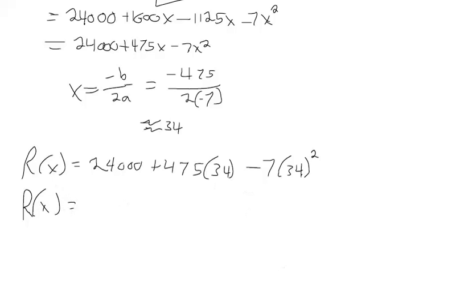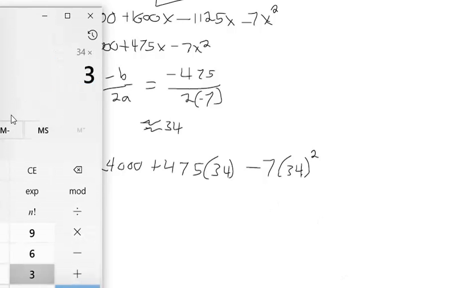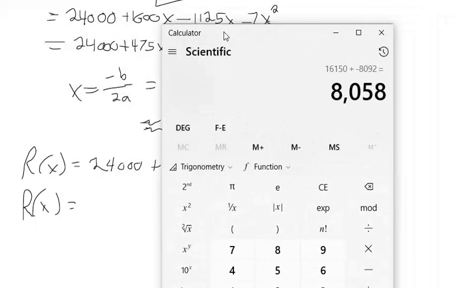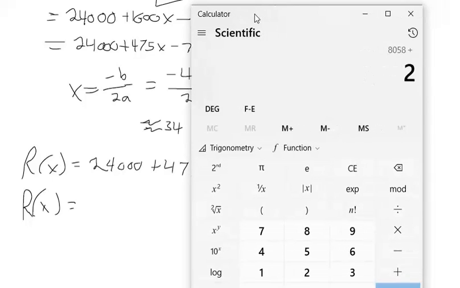Okay, so I'll do this with my calculator. I got 34 squared times negative 75, so it's going to make negative 86,700. And then we've got 475 times 34. Add that number, and then we've got to add the 24,000. So it's 32,058. That's our maximum revenue.